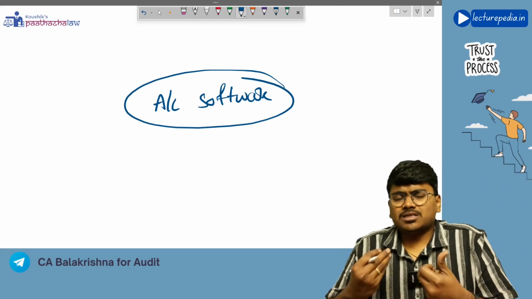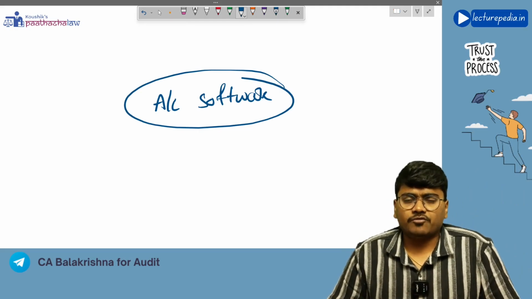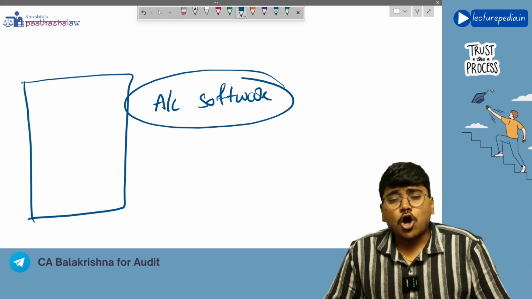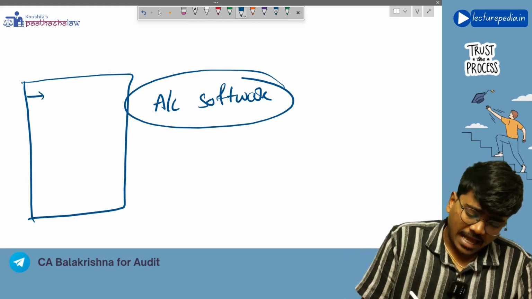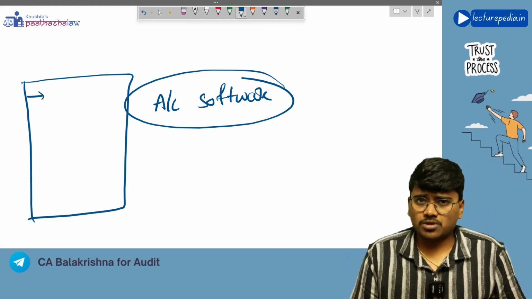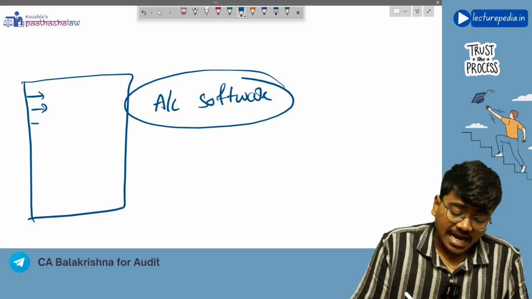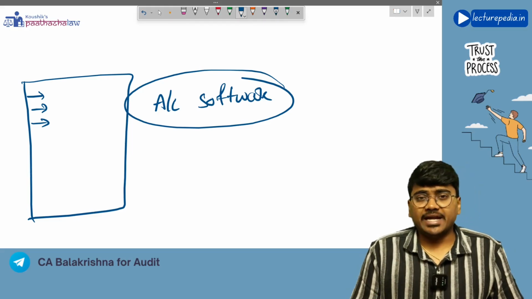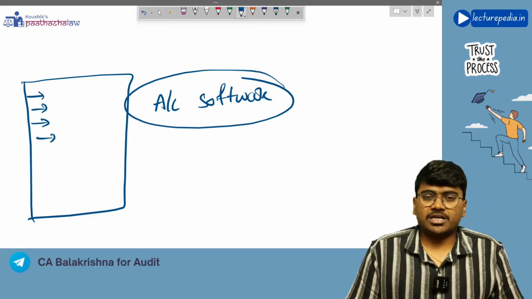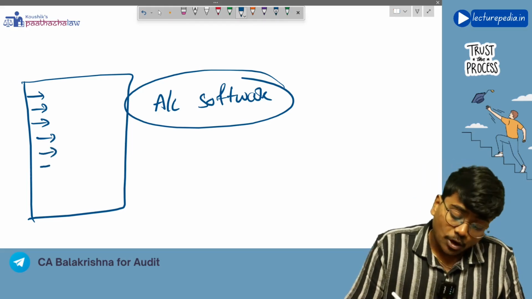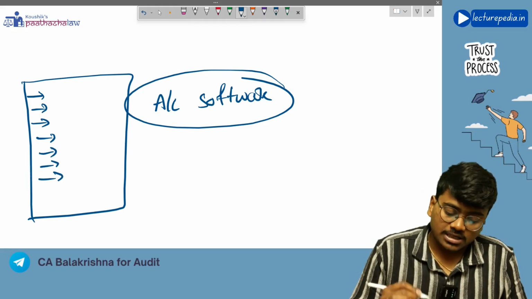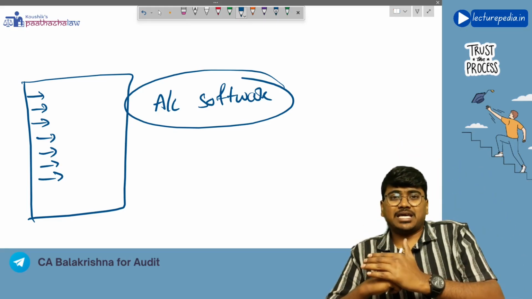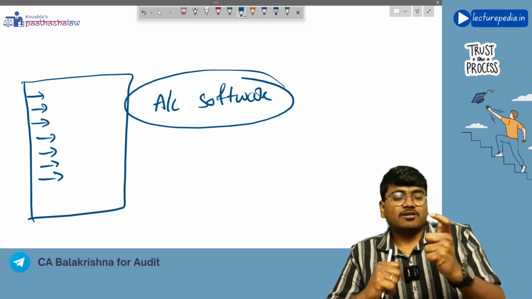What this feature will do is maintain a track, a log, of who has passed the entry in the accounting software, when they have passed it, at what time they have passed it, if there is any alteration made to the entry that is already passed, who made that alteration, why it was made, when it was made, and at what date it was made. So all these things will be tracked; a log will be kept by this audit trail feature.